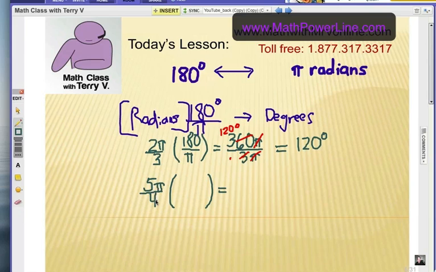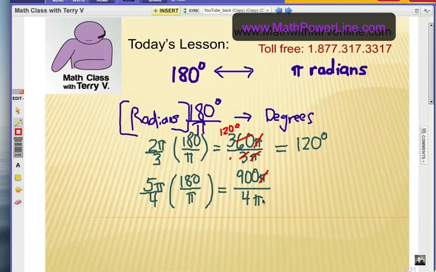Convert 5 pi over 4, which is 5/4 pi, into degrees. Well, we're going to use the conversion ratio of 180 over pi, because remember that 180 degrees is the same as pi radians. Let's put that together. It'd be 900 pi over 4 pi.